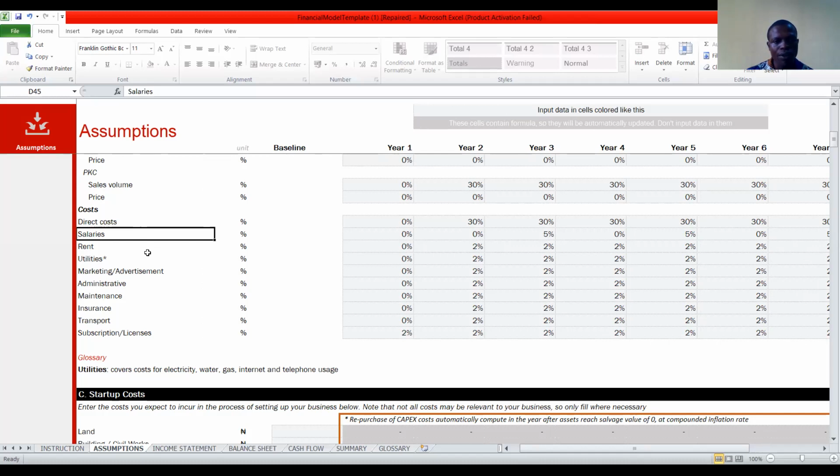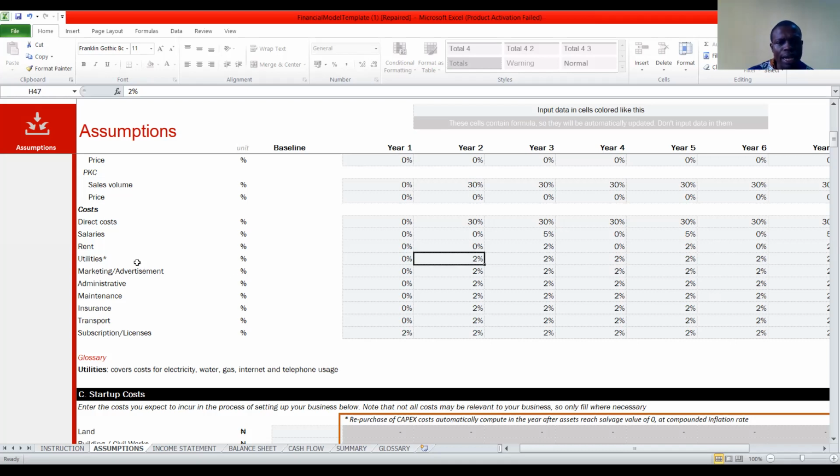Then for rent, you can decide that the first 2 years, no increments. Then subsequently, rent can increase by 2%. It depends on your landlord, whether he's a friendly man or an unfriendly person.